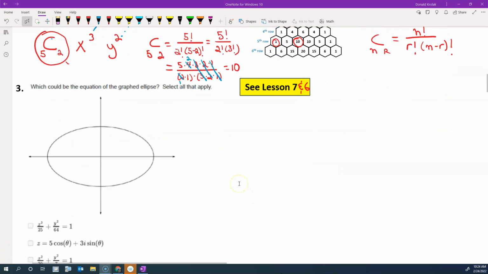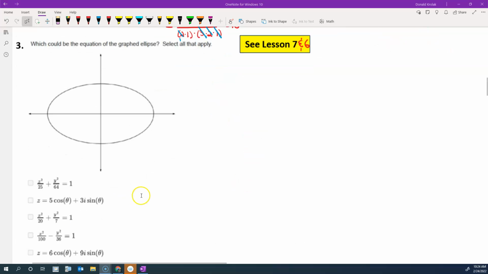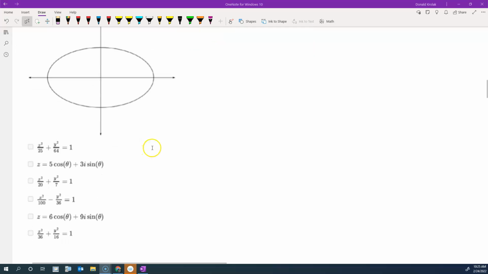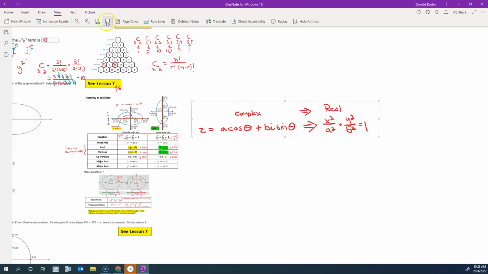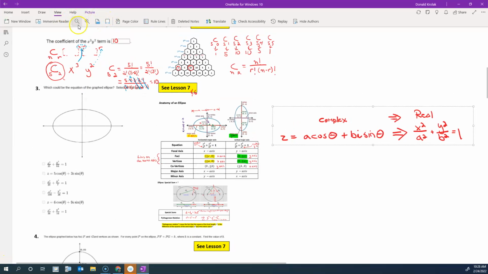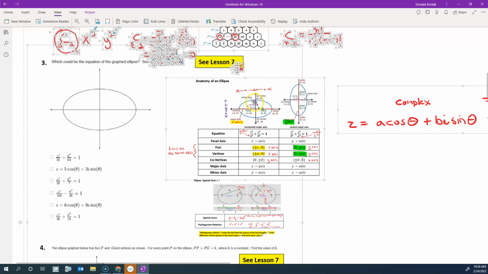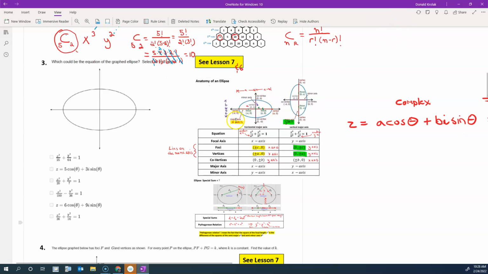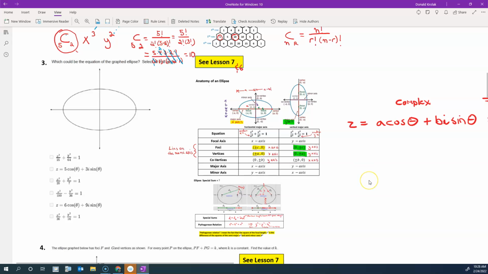Okay, so it says select all that, what are the equations that could be represented by this drawing? Okay, so number 3. I just copied and pasted some of the relevant information from the Chapter 7 notes.